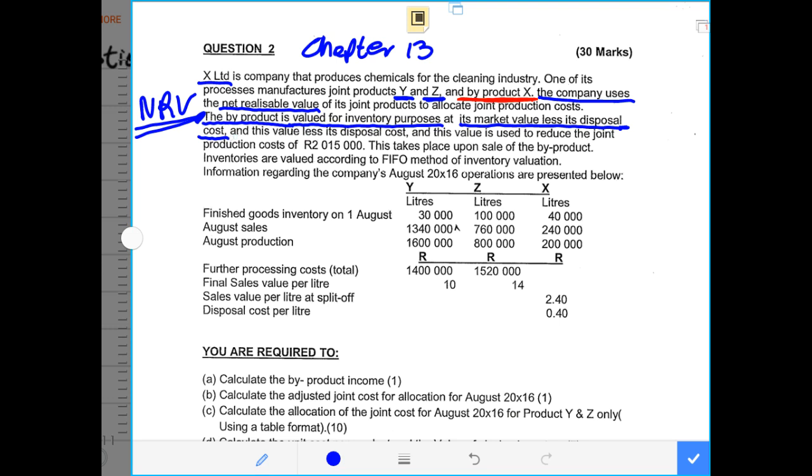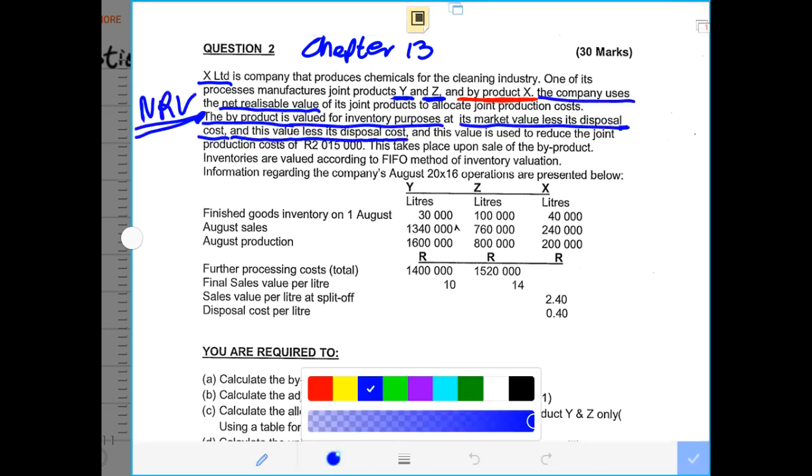And it says this value is the market value, or the sales value, of the byproduct minus the disposal cost. Take note of that.